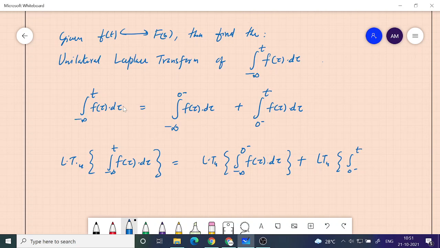So I am assuming that t is greater than or equal to 0. If t is negative, then the second part will not make any sense. It will be 0. Only if t is greater than 0 will you have this separation. Otherwise, only the first term will be there. So 0 minus to t f of tau d tau.